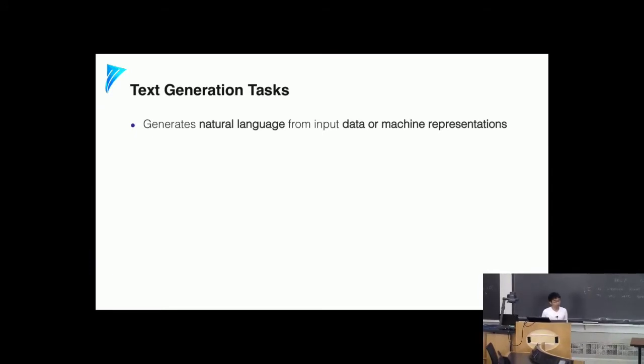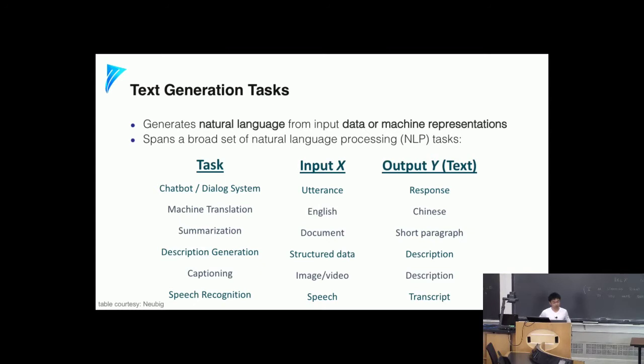So what is text generation? Text generation is indeed a very broad research field. The goal is to generate natural language from input data or machine representations. And there are many tasks relevant to natural language processing. So we can see, like, chatbot, right?